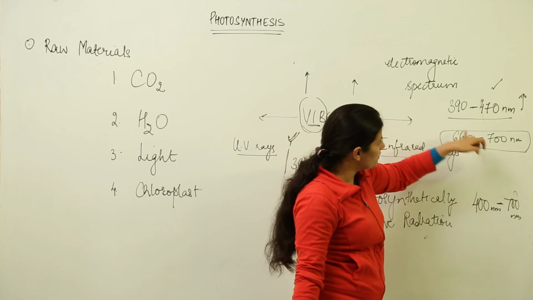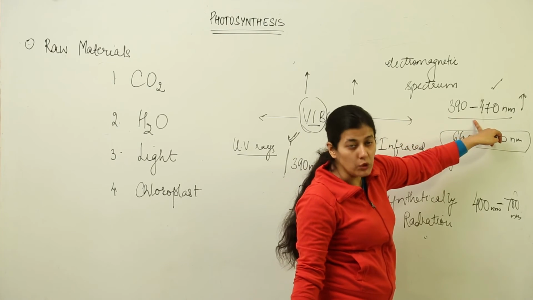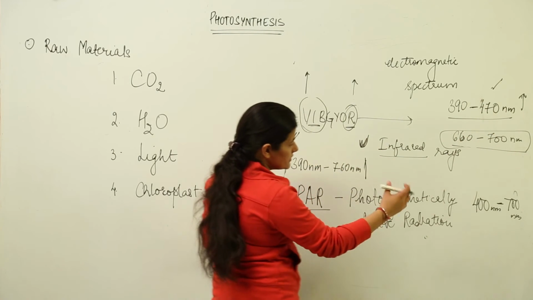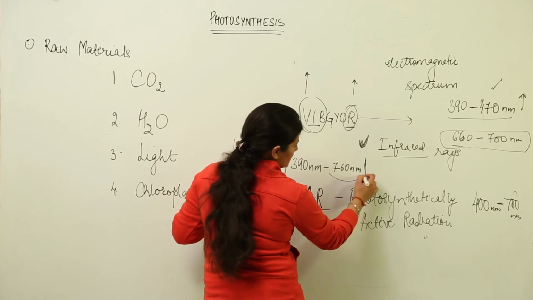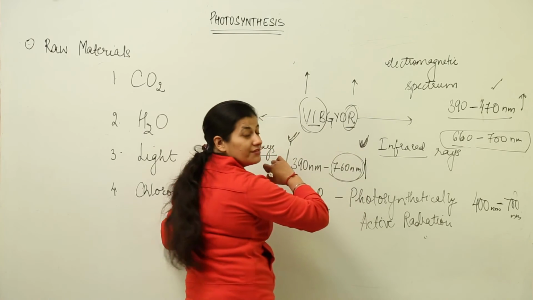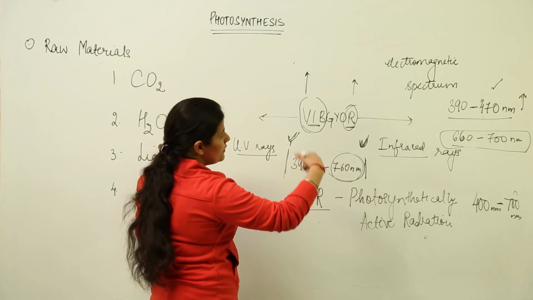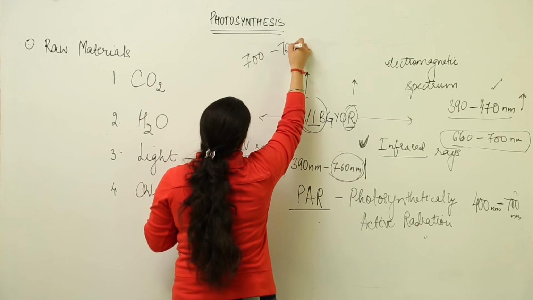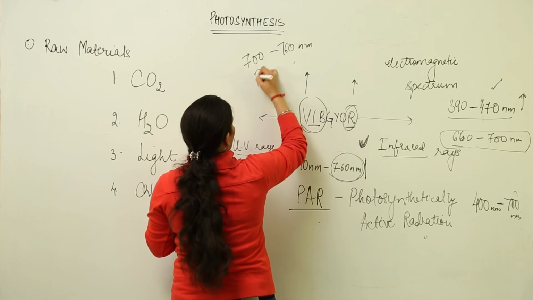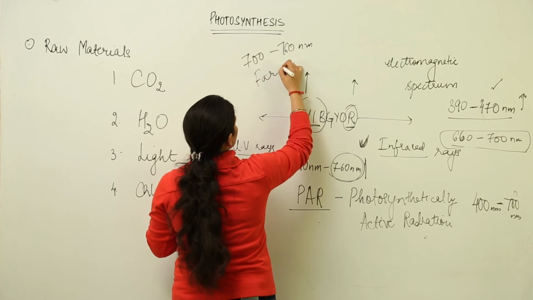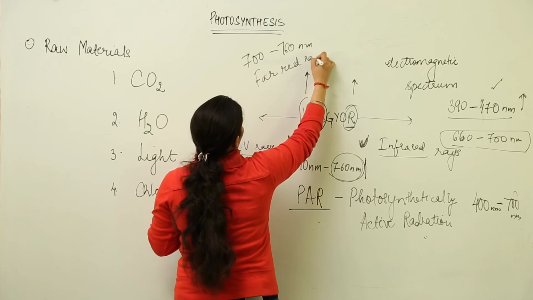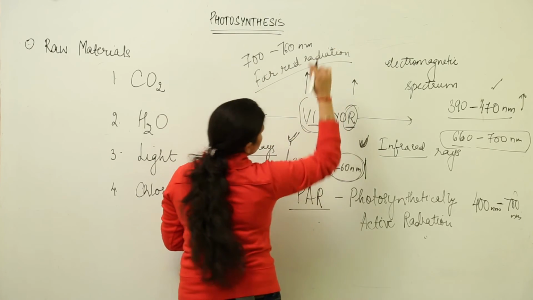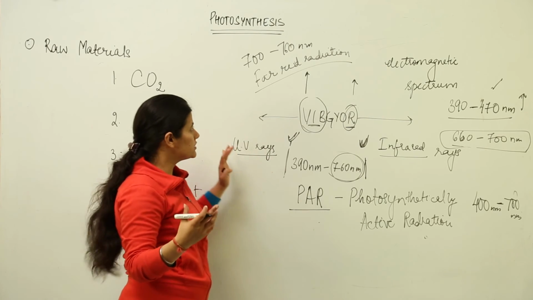So this is the red part, this is the violet and blue part. We have these two regions, and the range beyond 700 to 760 nanometer of wavelength is termed far red radiation. At times this far red radiation could also be used by certain cells of the plant or certain pigments.